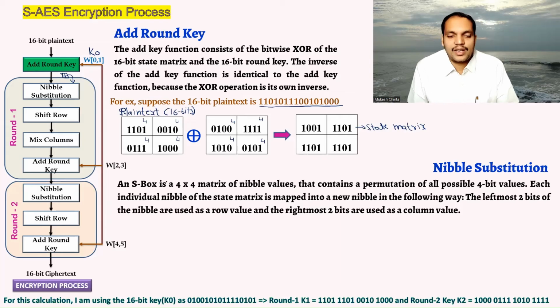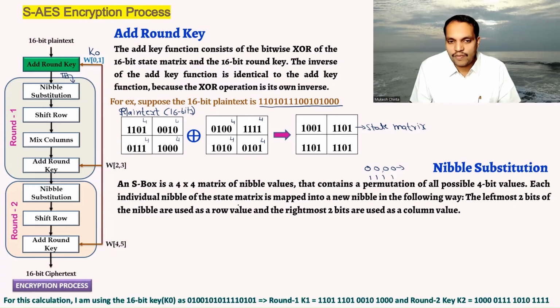So what is a nibble substitution? As we just did during your key expansion algorithm, a nibble substitution has an S box to it. The S box has all the values, and you compare the values and substitute them into your state matrix. An S box is a 4x4 matrix of nibble values that contains a permutation of all possible 4-bit values, 0000 till 1111.